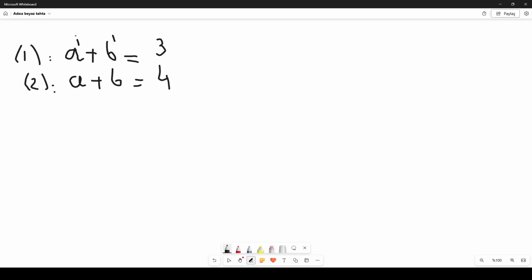They are not explicitly written, but we know they are there: a to the power of 1 and b to the power of 1. Any number to the power 1 is the same. A to the power 1 is a, 2 to the power 1 is 2.